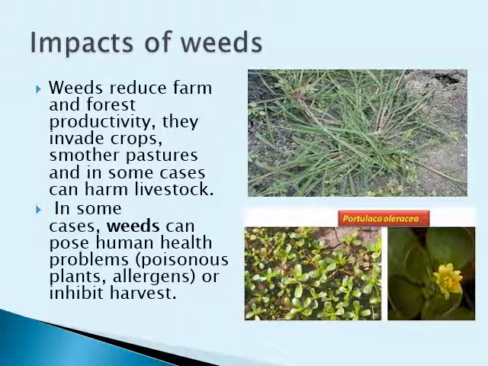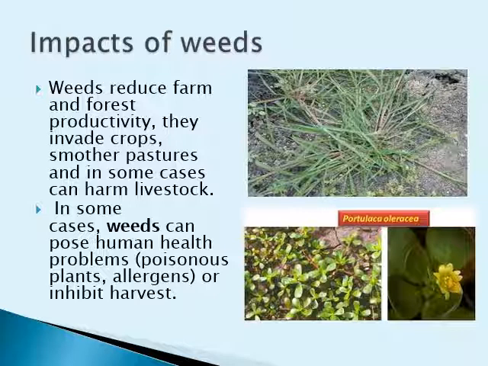Now children, in this slide you can see images of different types of weeds. Weeds reduce the farm as well as forest productivity. The products that we get from our farm as well as forest are reduced. They invade crops, smother pastures, and even in some cases they can harm the livestock. Children, these weeds are poisonous also.